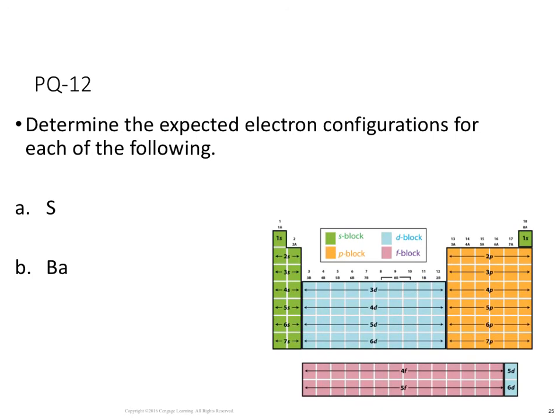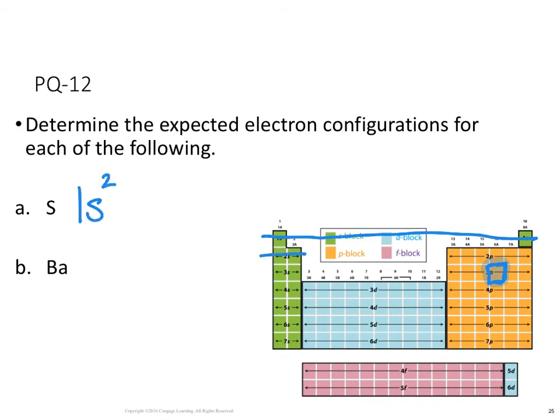So let's try a couple of examples. First one, we have sulfur. If you look at a periodic table that actually has the elements in it, you will see that sulfur is located right here. Our first row is full, so that's 1s, and there's 2 spots.